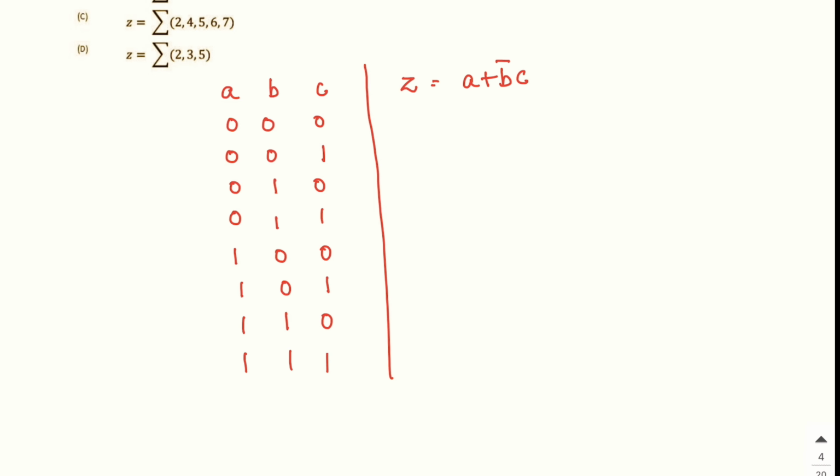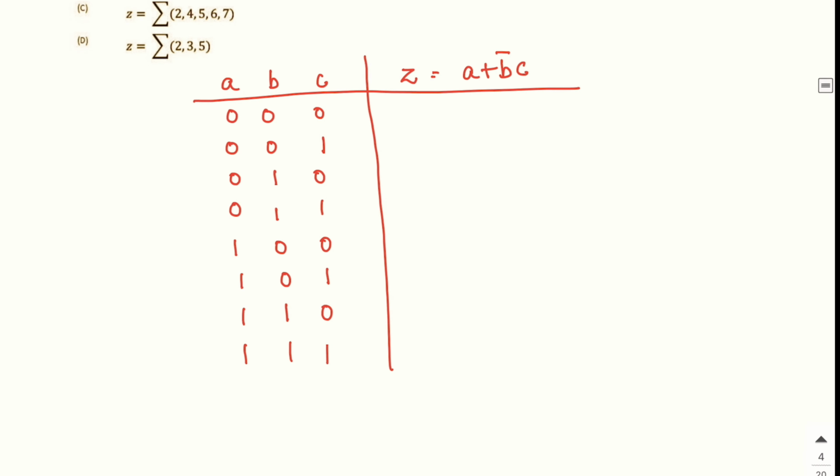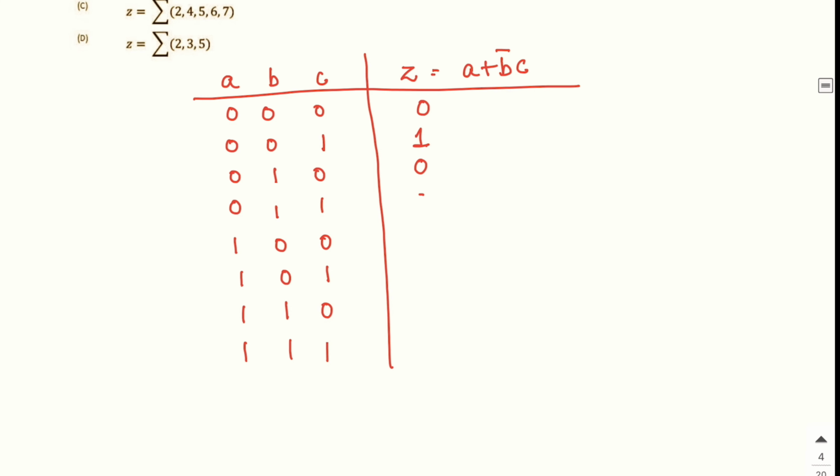We can note down the answer for each of these. When we have this type of thing, this is coming out to be 0. Again, for this case I will have 1 as an output because I have a 0 but b bar becomes 1, and b bar and c will give you 1. So hence the output will be 1 in this case. In this situation I'll have 0, and over here again we will have 0.